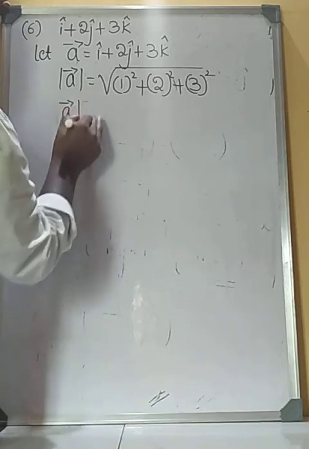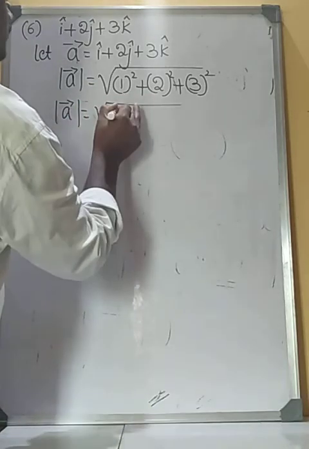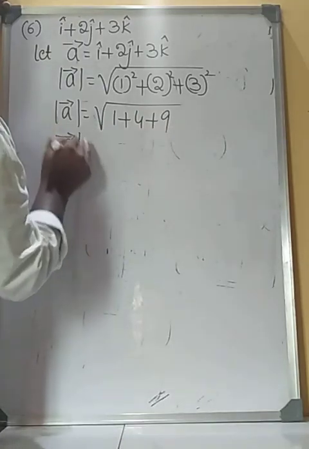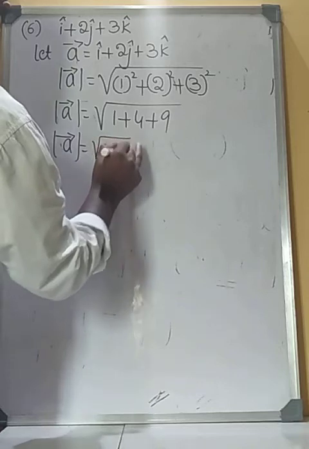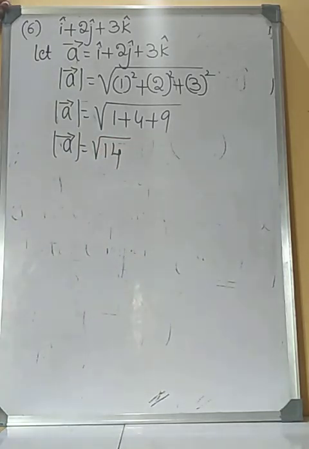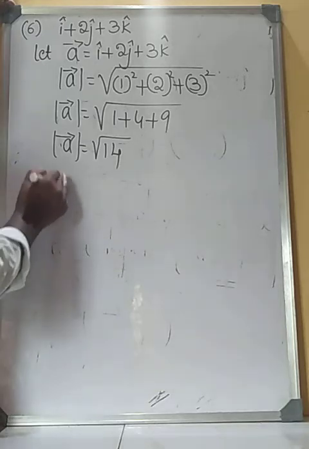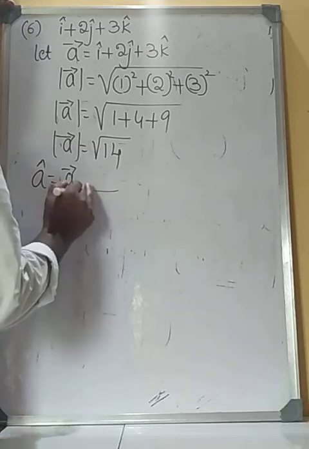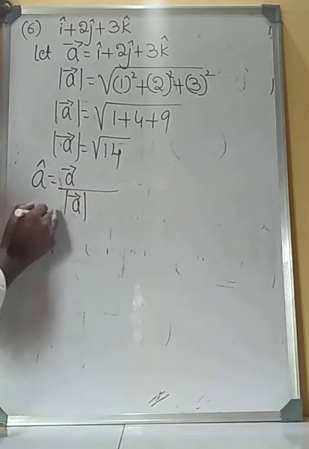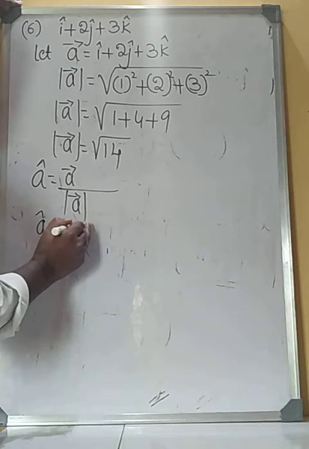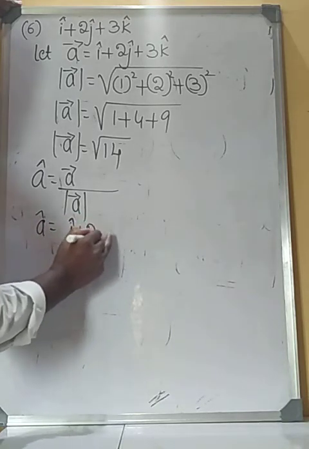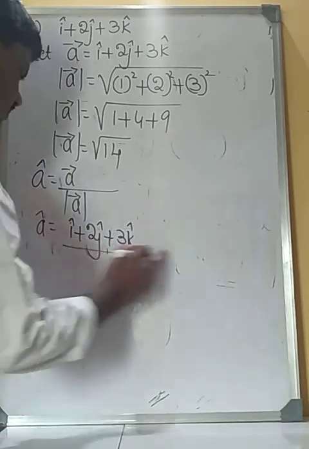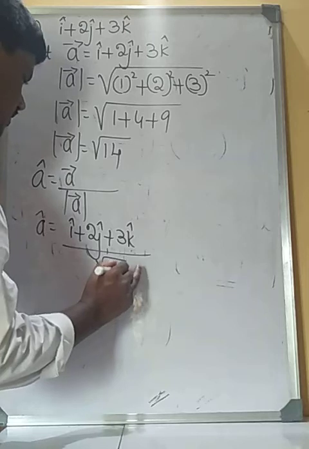Therefore, magnitude of vector A is equal to root of 1 plus 4 plus 9, which is root 14. So A cap is equal to vector A divided by magnitude of vector A, that is i plus 2j plus 3k divided by root 14.